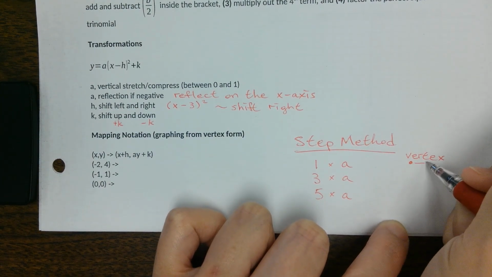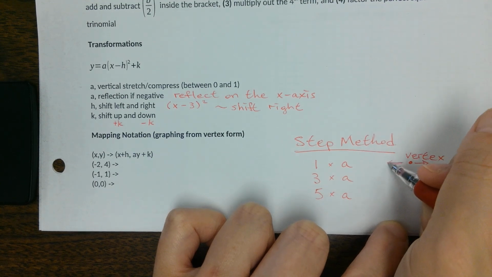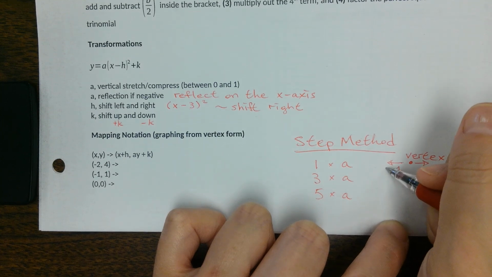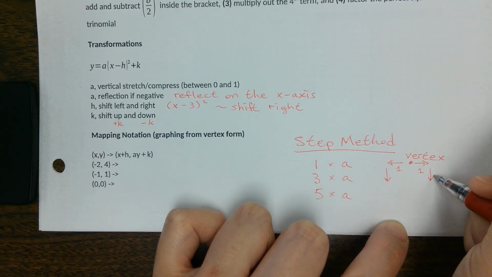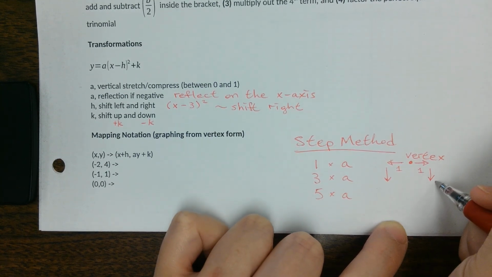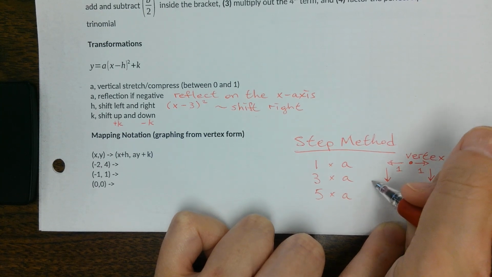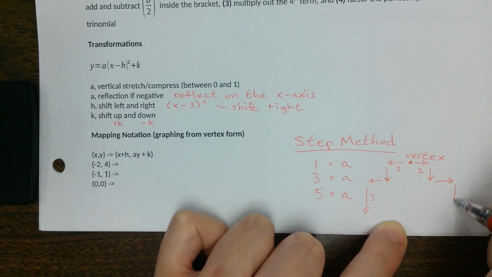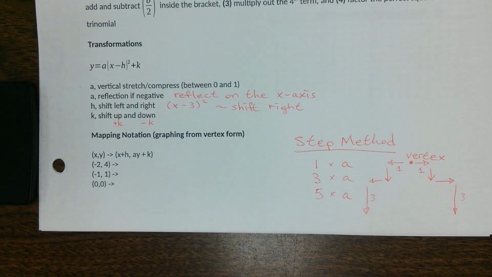And then 1 over, and then 1 down. And then 1 over, and then 3 down, and so forth. And then 1 over, 5 down.